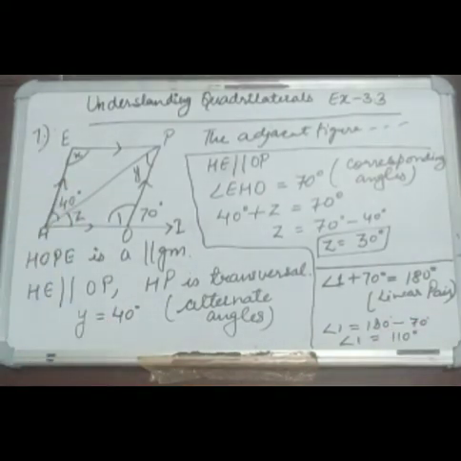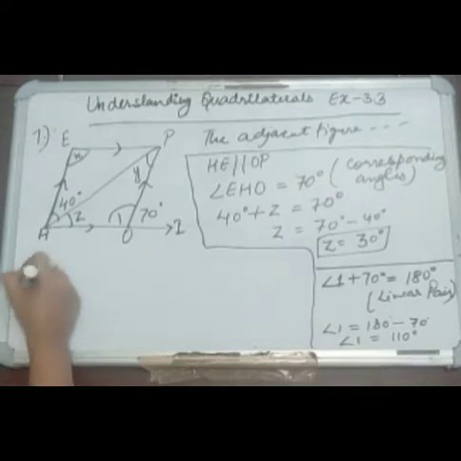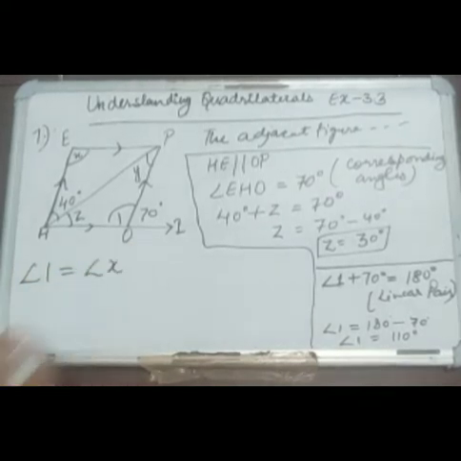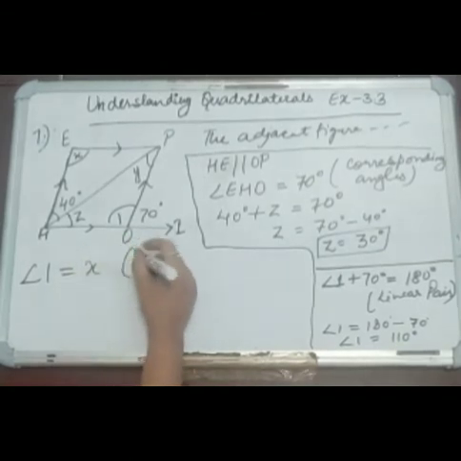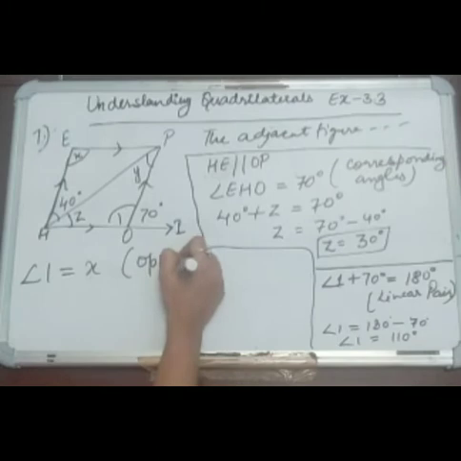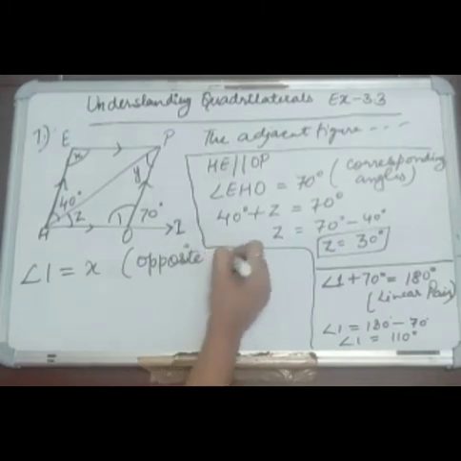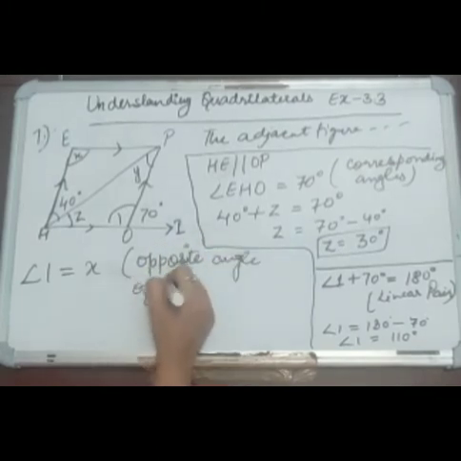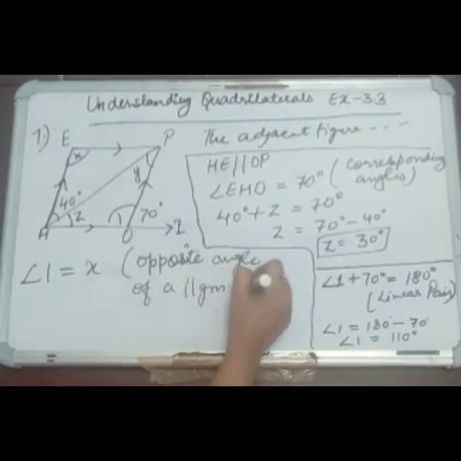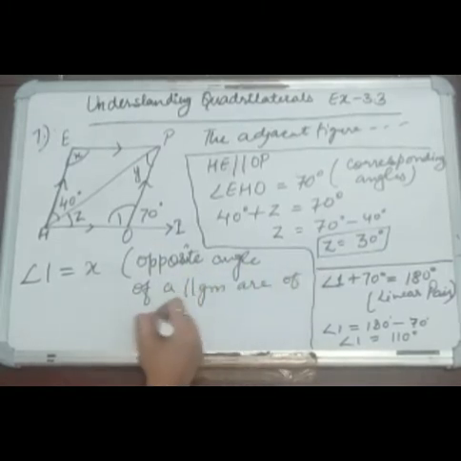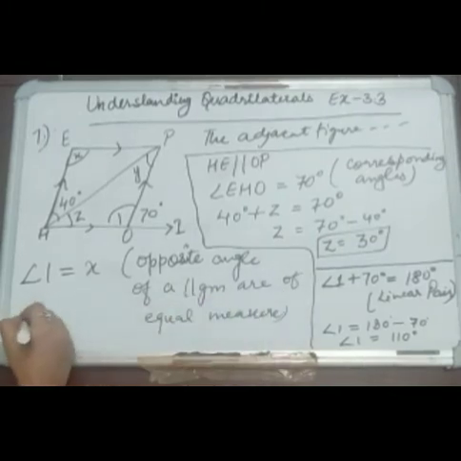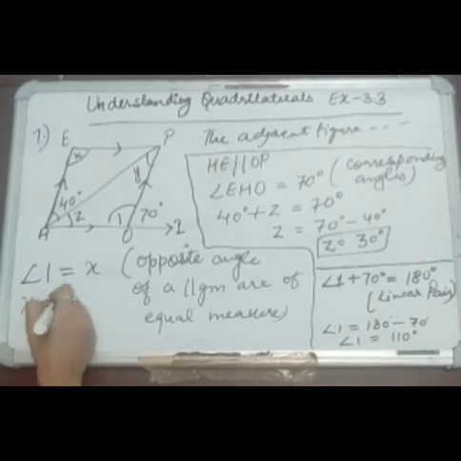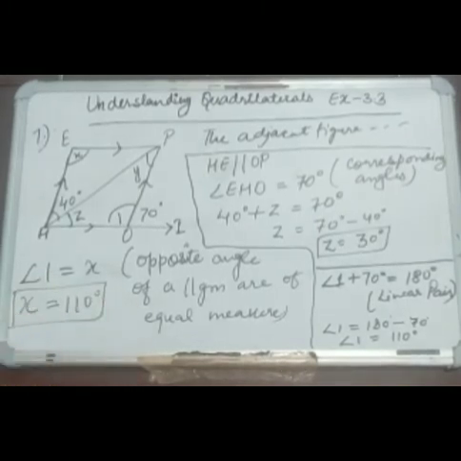Now see, angle 1 is equal to angle x, because opposite angles of a parallelogram are of equal measure. So this x is how much? 110. This is the answer. Understood?